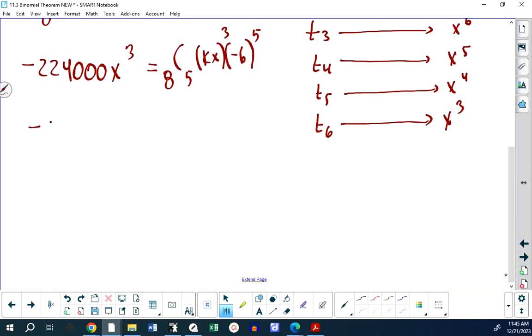Cleaning this up, by separating the constants or the coefficients from the x's, we get that. This is why it works. The x's cancel. You can find k.